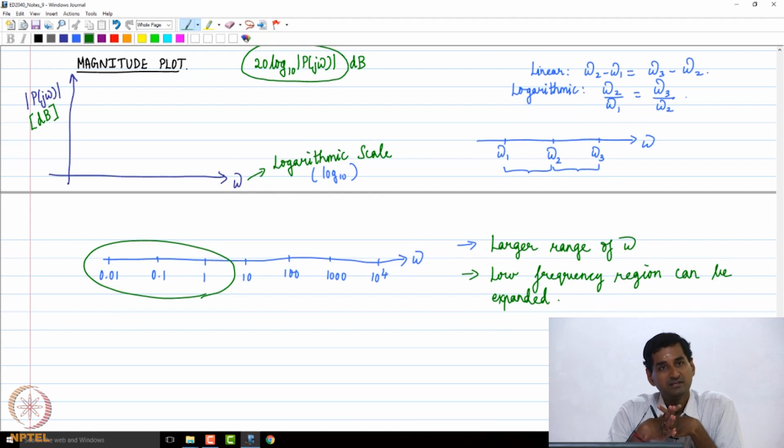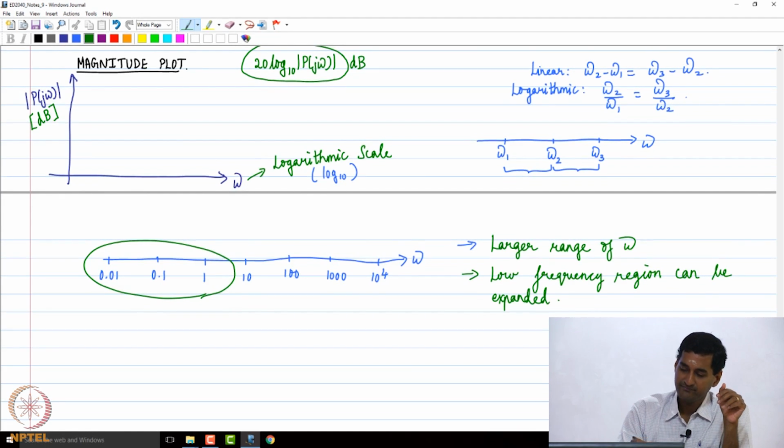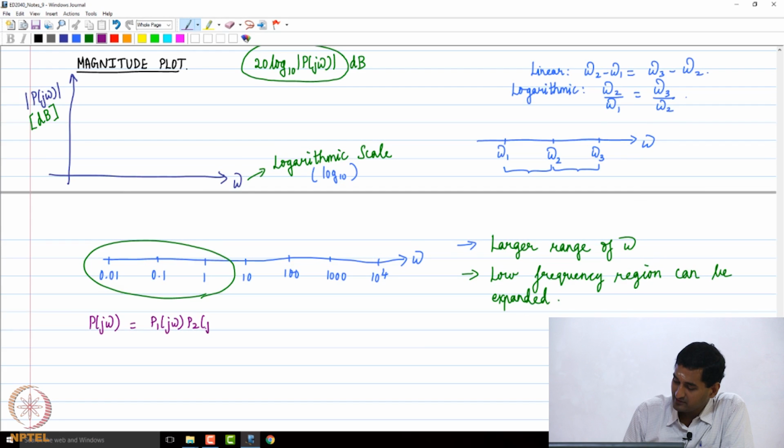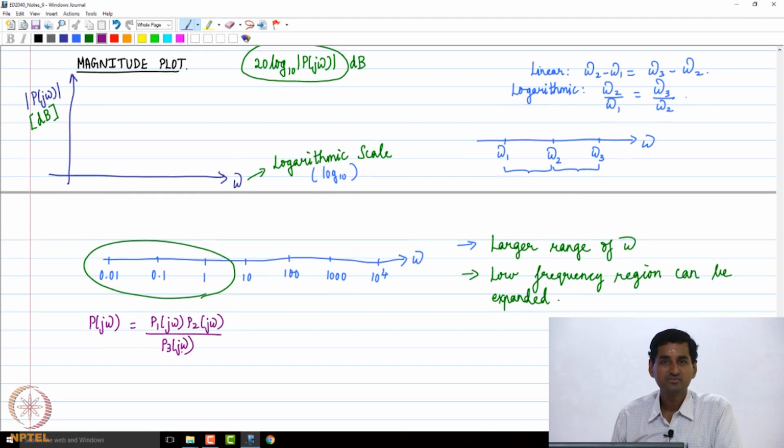So, can you also sense any other advantage of using a logarithmic scale? Let us say P of j omega is P1 j omega times P2 j omega divided by P3 j omega, where P1, P2, P3 are some factors. So, what happens if you use a logarithmic scale?